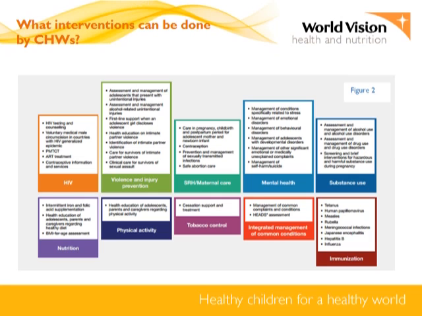For tobacco control, it's about cessation for those who have started or experimented with tobacco, but also alerting young people to the problems of tobacco use and the kinds of problems it can cause in later life. And then the last 2 are the management of common conditions and vaccination.